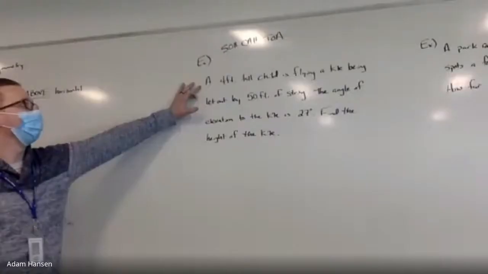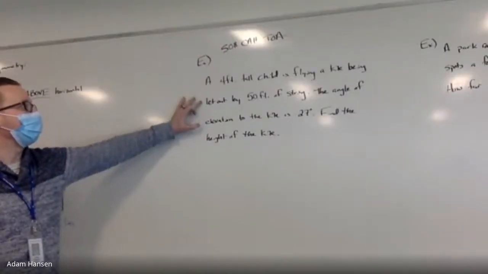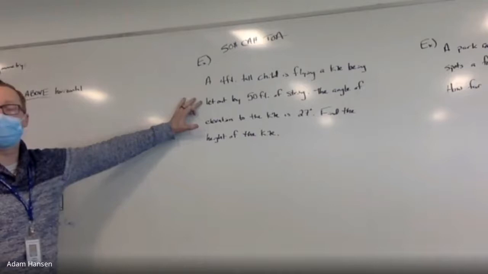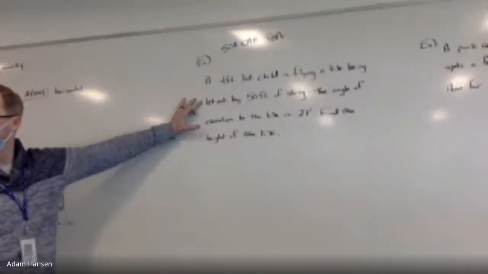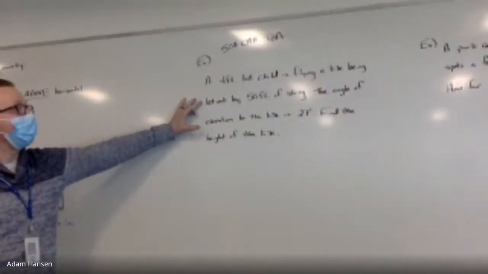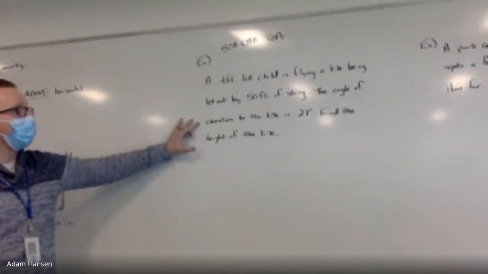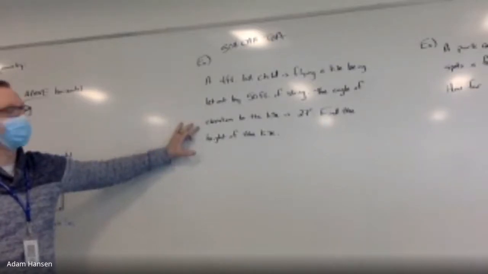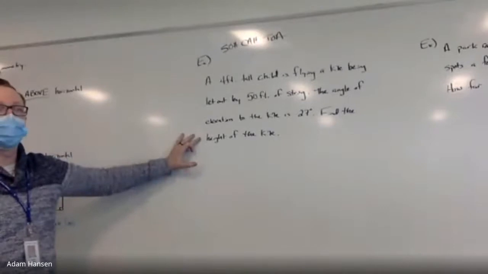A child is flying a kite being let out by 50 feet of string. There's a small child flying a kite in the air. The angle of elevation from the ground up to the kite is 27 degrees. What's the height of the kite?